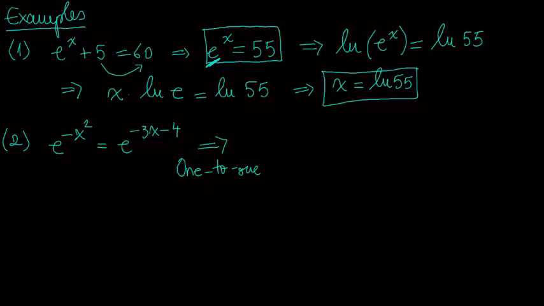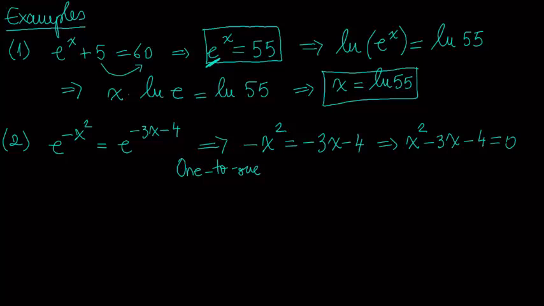So we can simply set the inputs equal to each other. And thus I'm turning an exponential equation into a simpler equation. Namely, it happens to be a quadratic equation. Let's bring x squared to the right hand side. And I get that x squared minus 3x minus 4 equals 0.